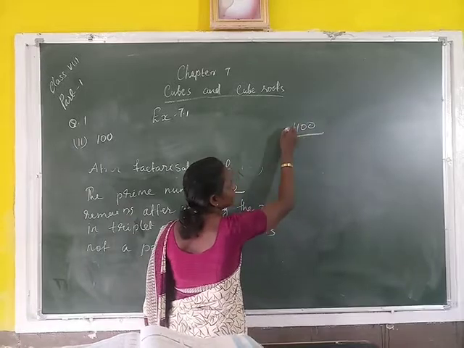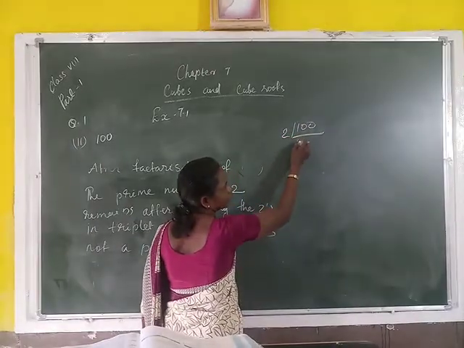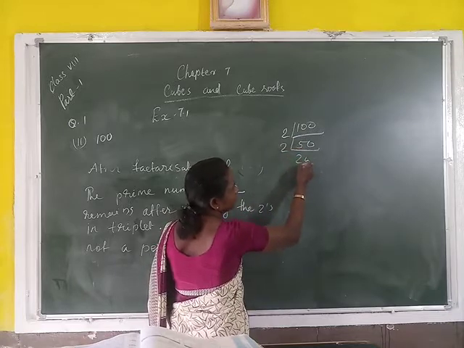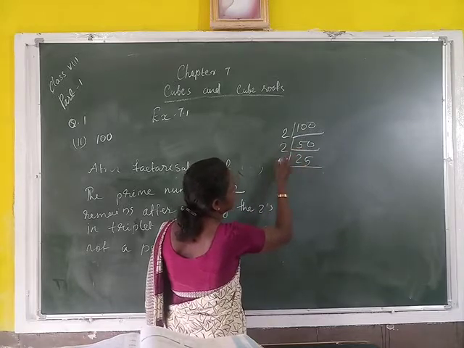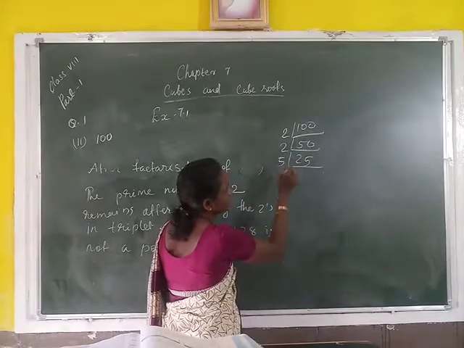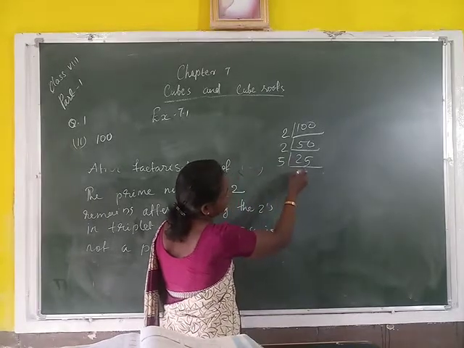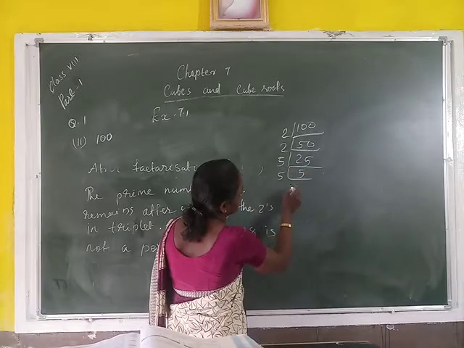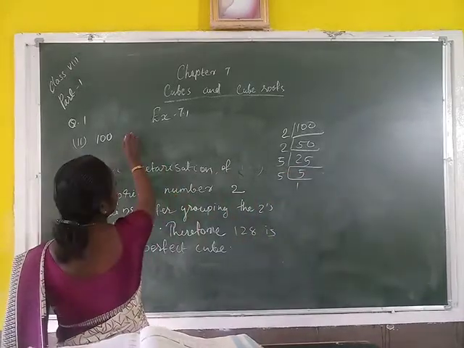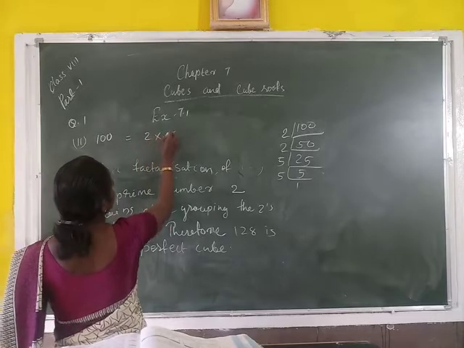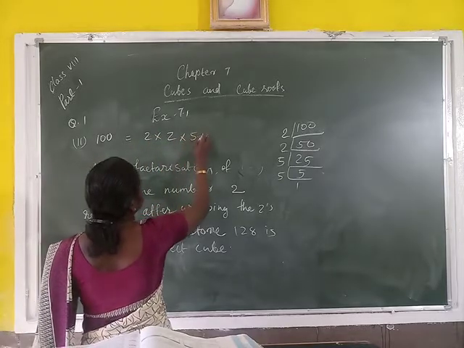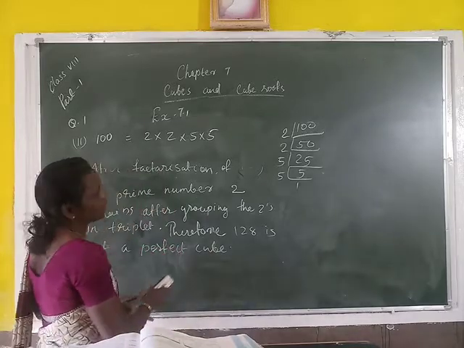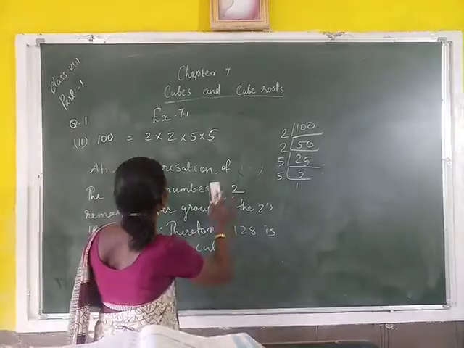Let's divide by prime numbers. 100 divided by 2 is 50. Again divided by 2 is 25. Then this number is divided by 5. Then we can write it is equal to 2 into 2 into 5 into 5.